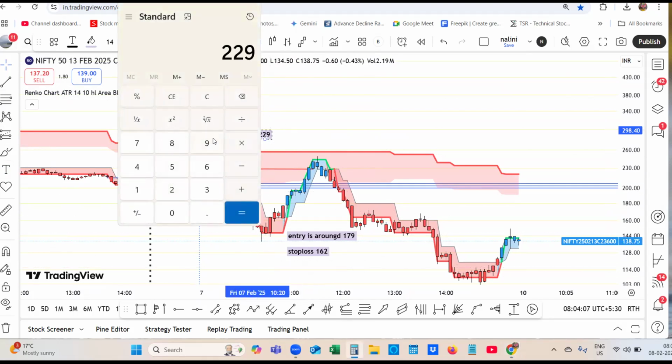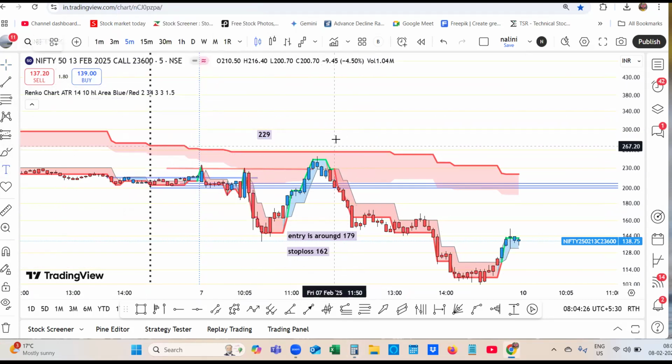So if I take 229 minus 179, you are getting 50 points multiplied by 75, that is equal to 3,750. You are cashing in with 3,750.